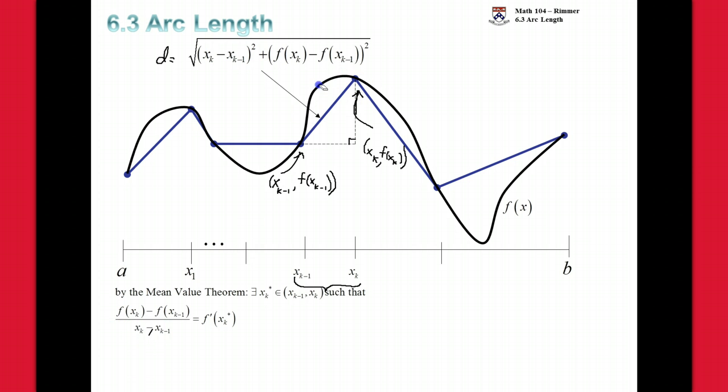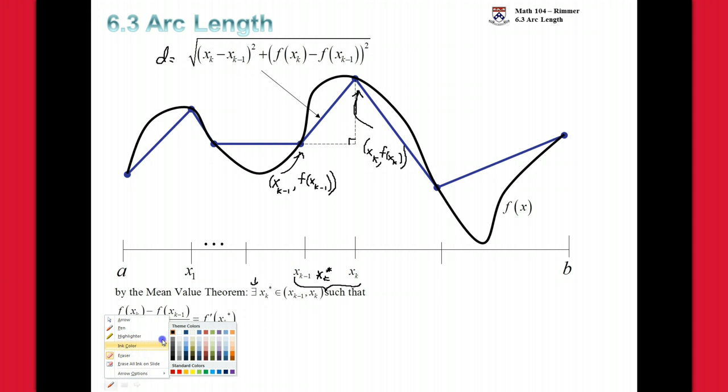That's what the mean value theorem will say. And that symbol here means there exists some x sub k star in our interval where it's true that the slope of the secant line, which is what's on the left-hand side here, is equal to the slope of the tangent line. At least one place. We're guaranteed that by the mean value theorem. The function is continuous and the function is differentiable. So we're guaranteed that.